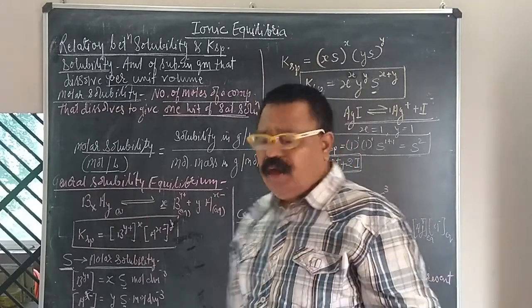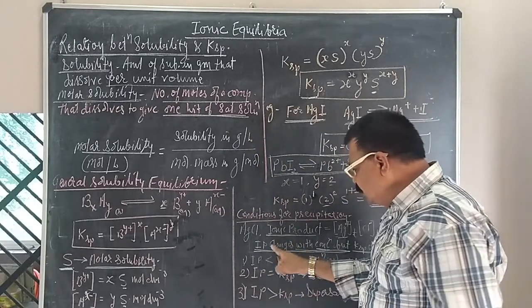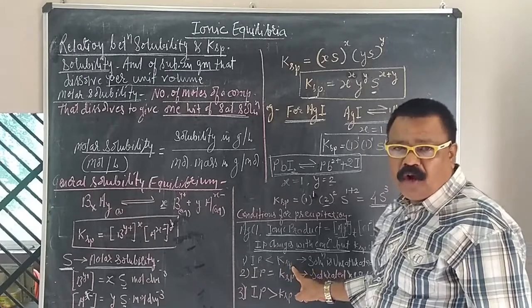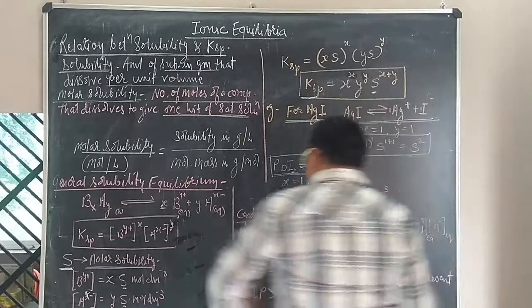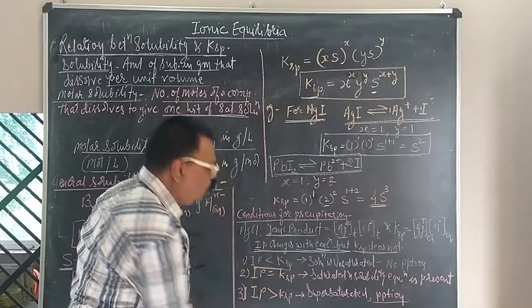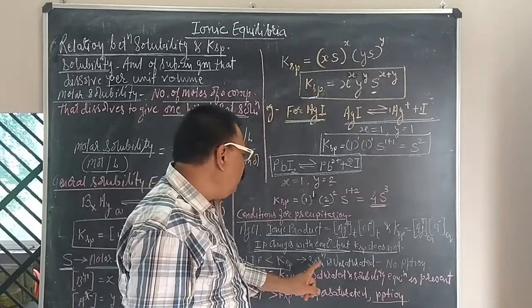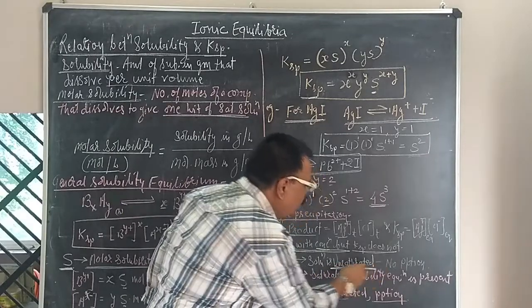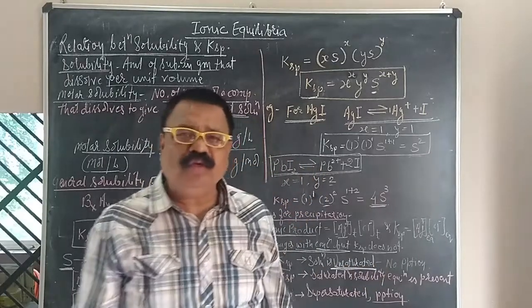So the first, if the ionic product is less than the solubility product Ksp, अगर ये कंडीशन है, then whatever the solution is there becomes the unsaturated solution.